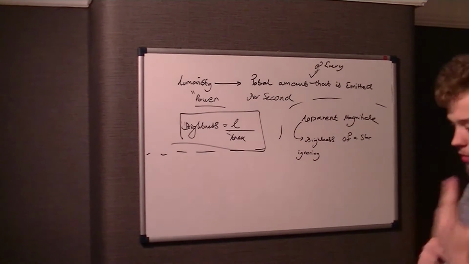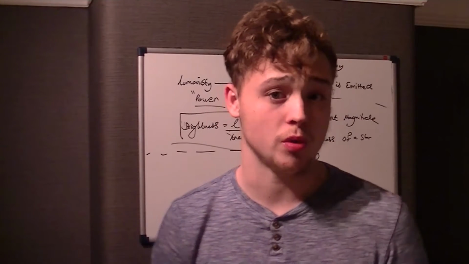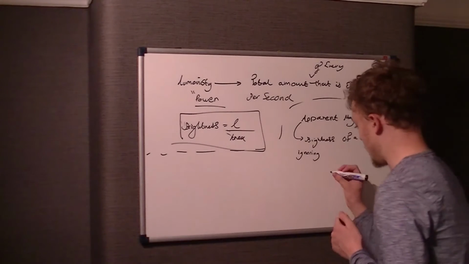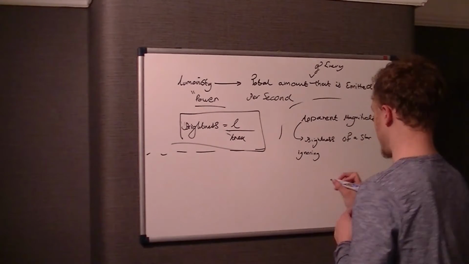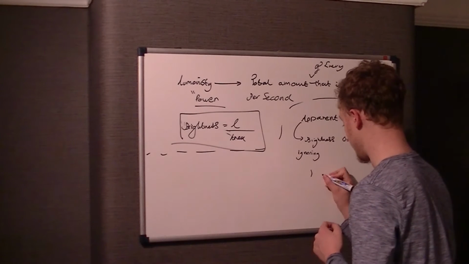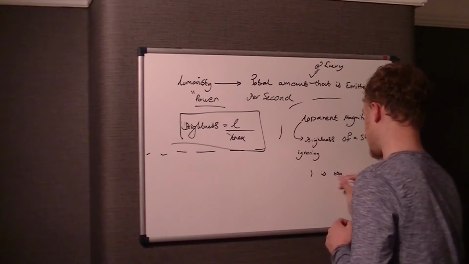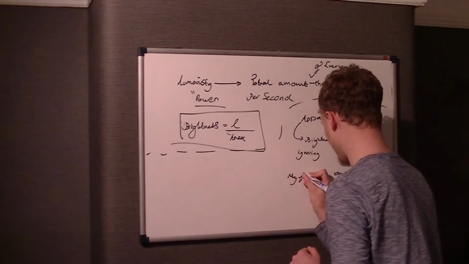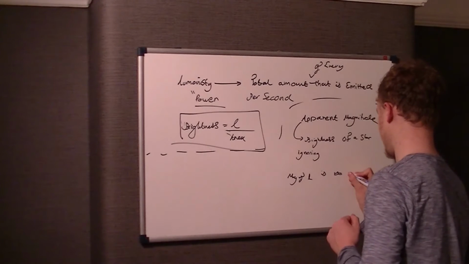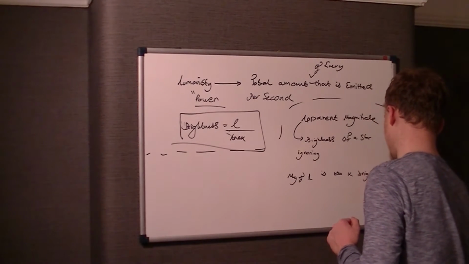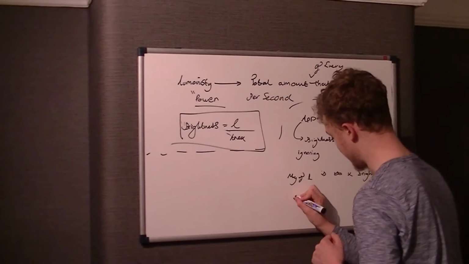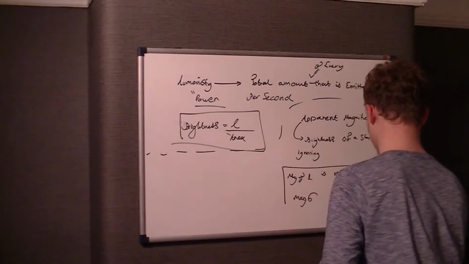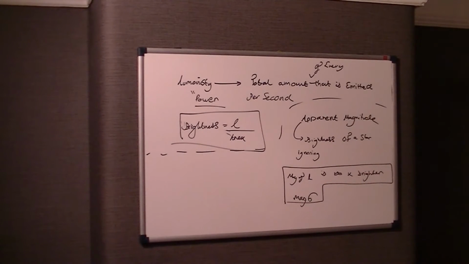To give you a perspective of how the brightness varies with these magnitudes: a star of magnitude 1 is said to be 100 times brighter than a star of magnitude 6.